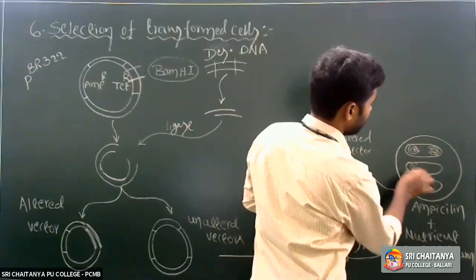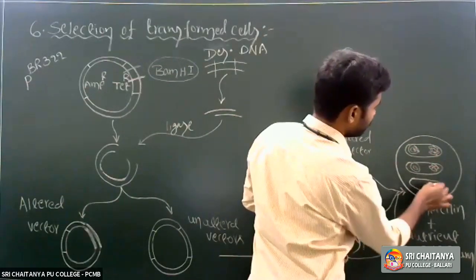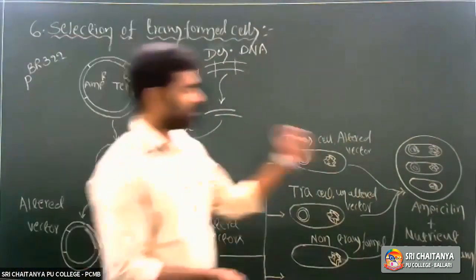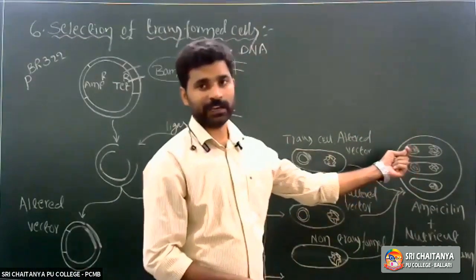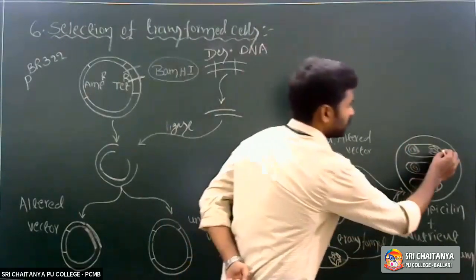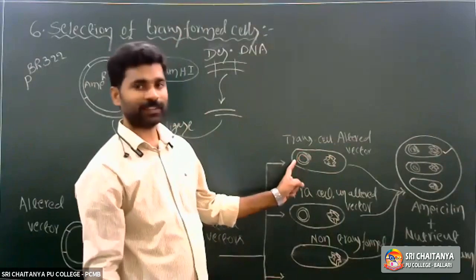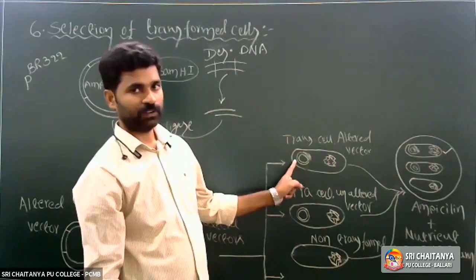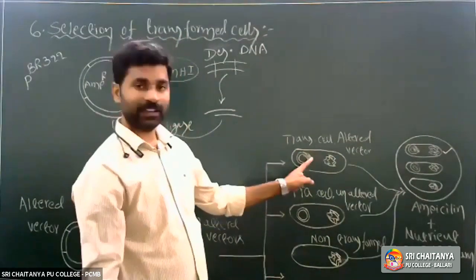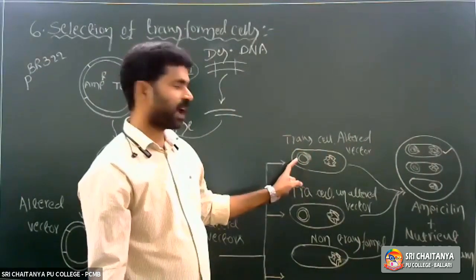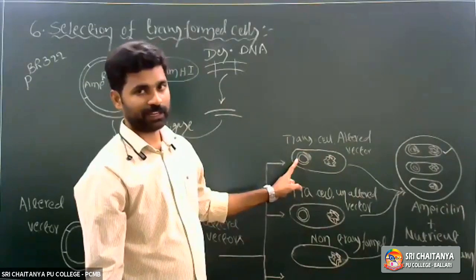Now tell me, in this medium, which type of bacterial cells can survive and which type eliminates? See, the first type of bacterial cell can survive. Why? Because it has the ampicillin resistant gene. It has the altered vector inside, but it is resistant to the ampicillin antibiotic.